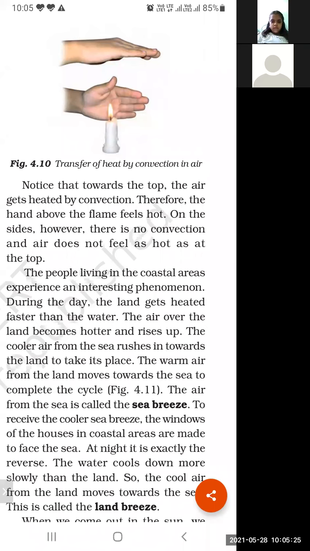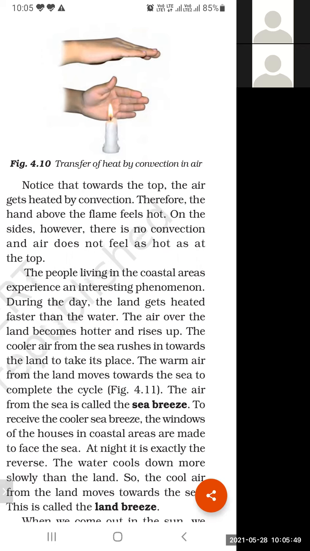But sidewise, the same phenomenon will happen as in the case of water. Sidewise, the air is cooler, so from the sidewise region, that air comes near the flame, becomes hot and rises. This phenomenon will repeat again and again.